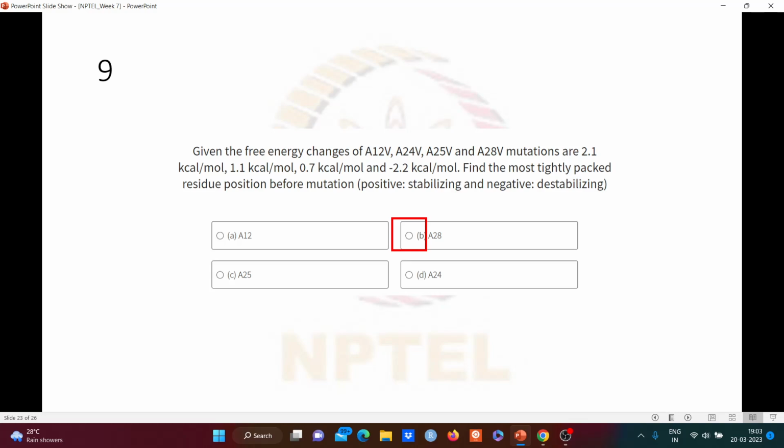So when you take the net value, the one having the highest is the A28P mutation. In order to disrupt this, we need an energy input, since this is highly packed; disrupting it needs a higher energy input. So that is why this is more packing.